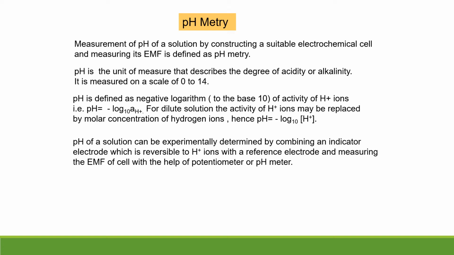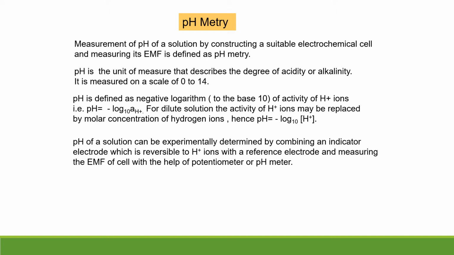pH metry. Measurement of pH of a solution by constructing a suitable electrochemical cell and measuring its electromotive force, that is EMF, is defined as pH metry. All of us know that pH is the unit of measure that describes the degree of acidity or alkalinity.